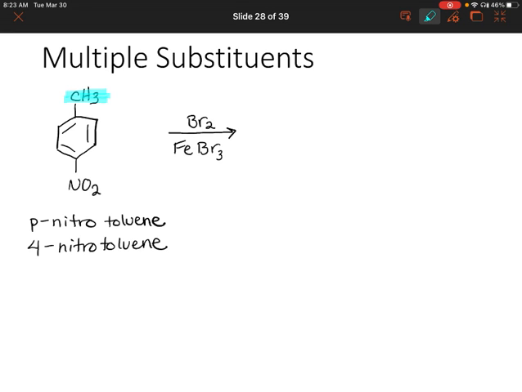So is the methyl group an activator or a deactivator? It's an activator. Or you could also say it's an electron donating group. And are activators ortho-para directing or meta directing?